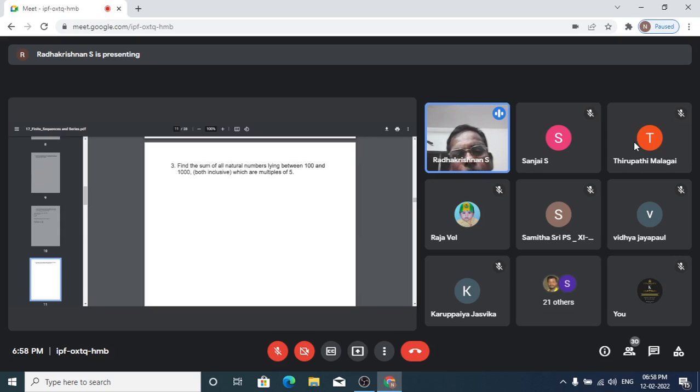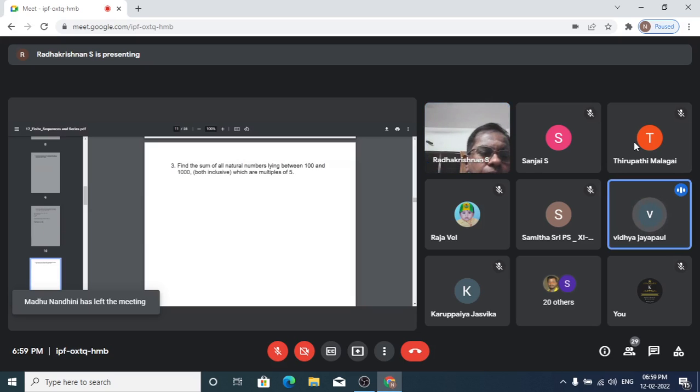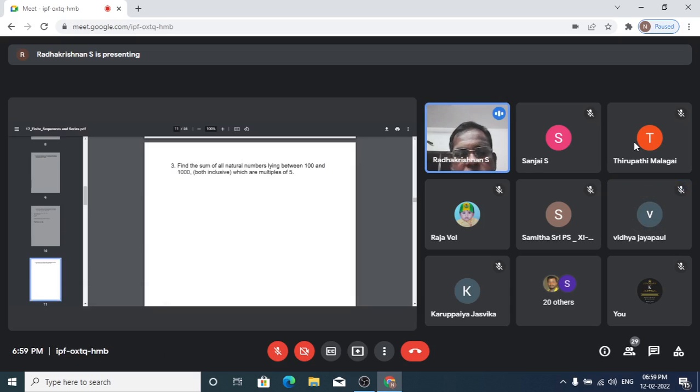You have the formula for Tn, so apply it, with Tn given as 1000, the last term. You can find the value of n using the formula for Tn. Once you know n, you know T1 and Tn நமக்கு தெரியுறதுனால, so T1 plus Tn by 2.